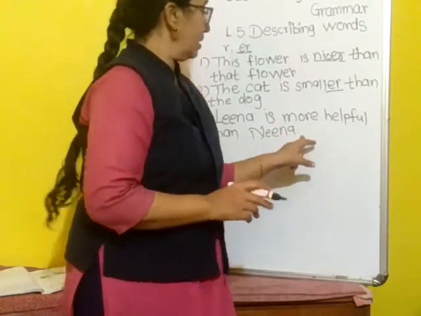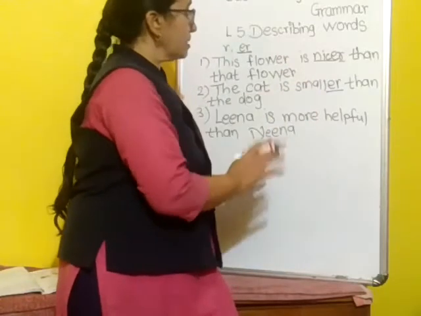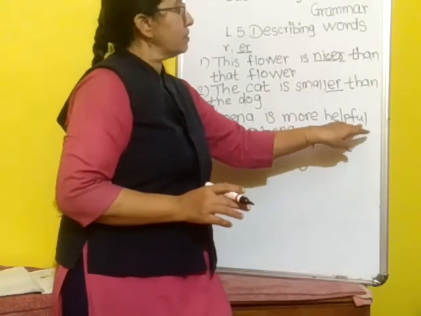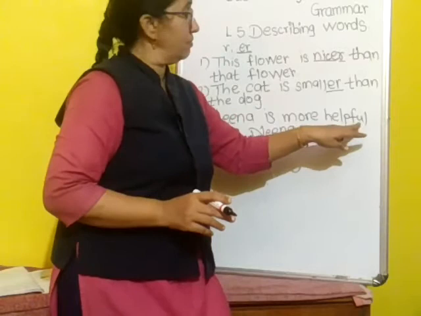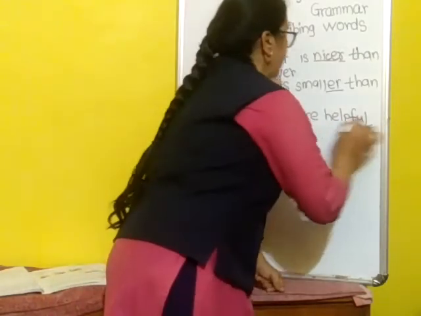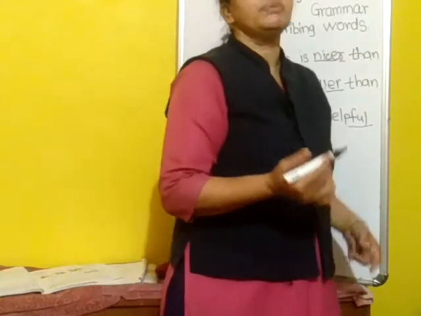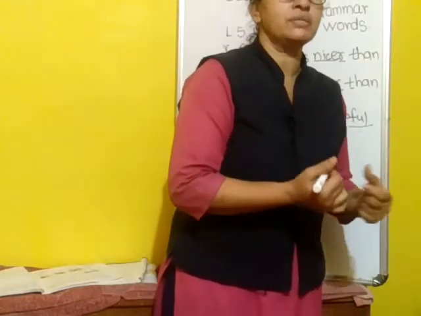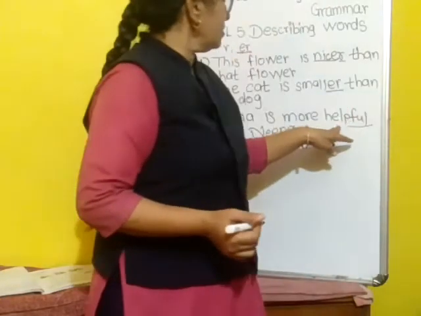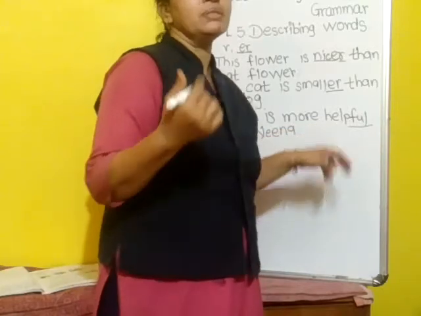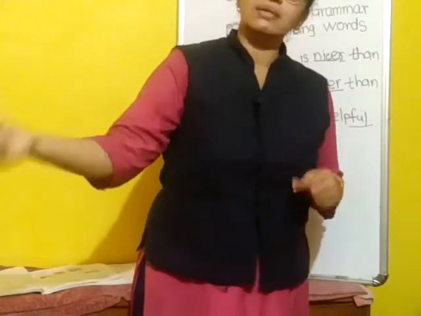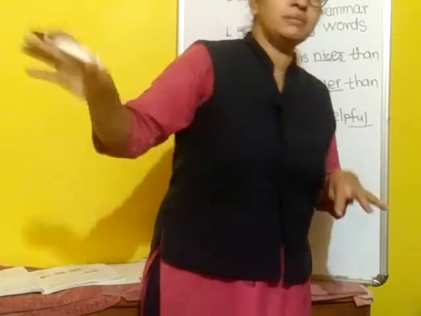Understood? And all other things remain the same. Only when the describing word ends with "ful", you should write more there. For example, beautiful also. You can't say beautifuler. You have to add "more" before the word beautiful. My mother is more beautiful than her mother, or any girl.